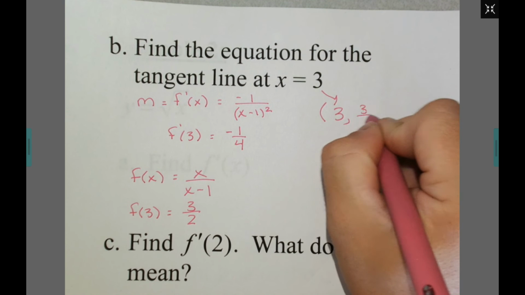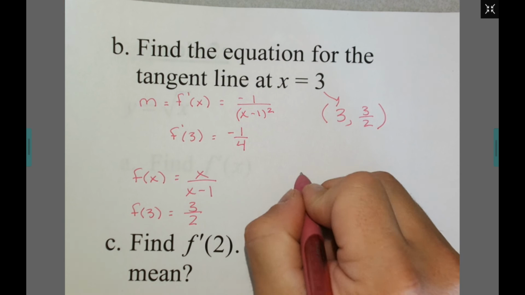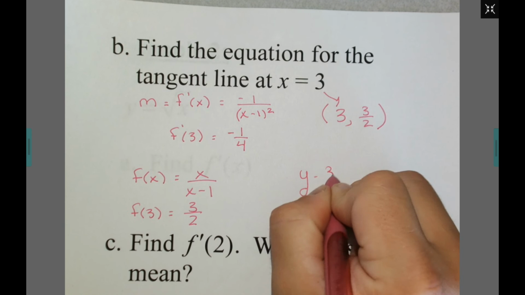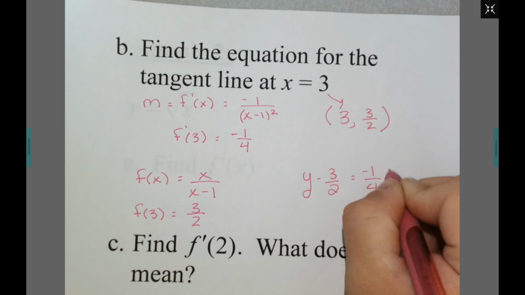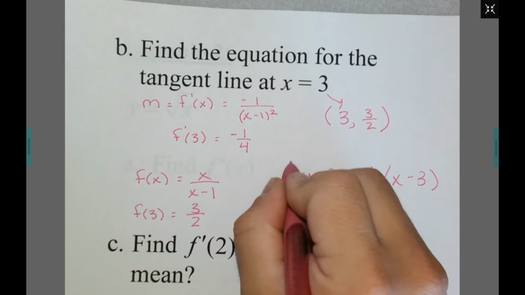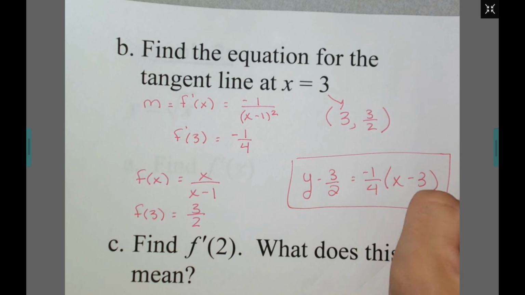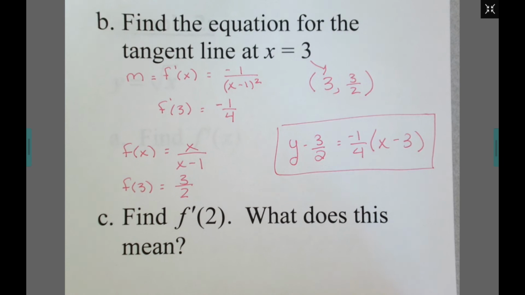So our y value would be 3 halves on that. Finishing up, we can do it in point slope form. It's going to be y minus 3 halves equals our slope negative 1/4 times x minus 3.